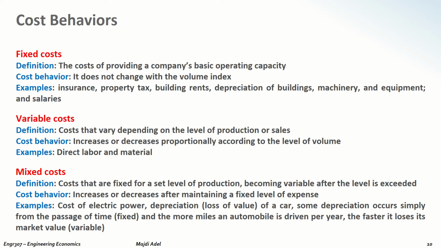The more the car is used, the more it will lose of its value. So depreciation of a car is an example of a mixed cost. Part of it is fixed, the loss of value due to time, and the other part is the loss of value due to the miles or kilometers traveled by the car.